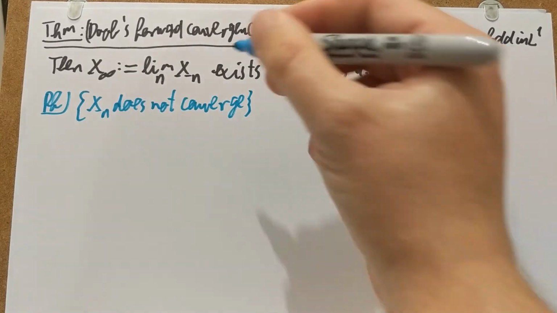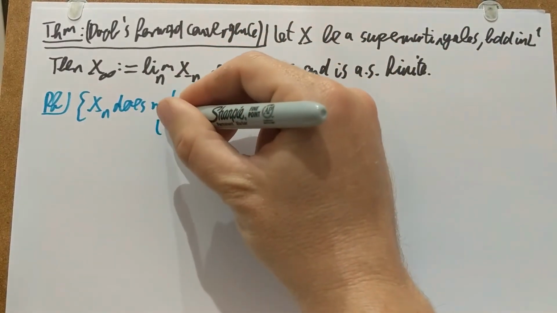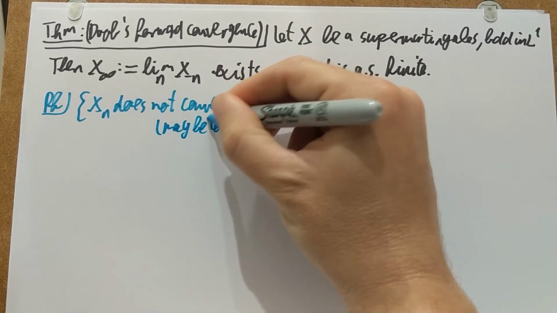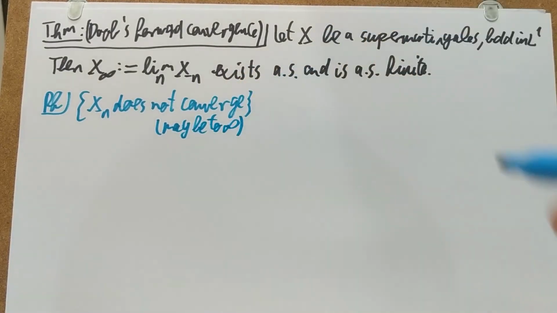This convergence may be to infinity. Convergence to infinity just means that it's growing above every value, and it's not coming back below any value. So there is a last time that it is going to be larger than c for every c. That's what it means to converge to infinity. Okay, so let's assume that this is the case.